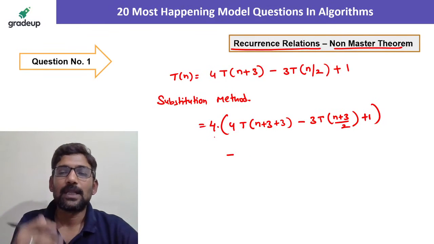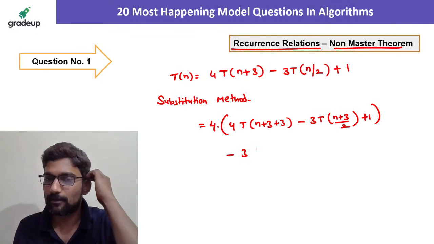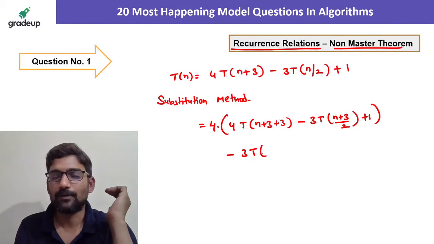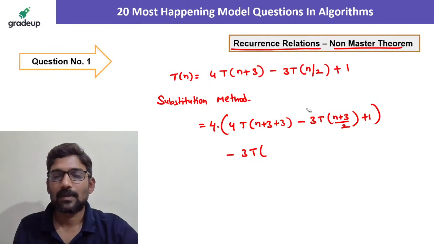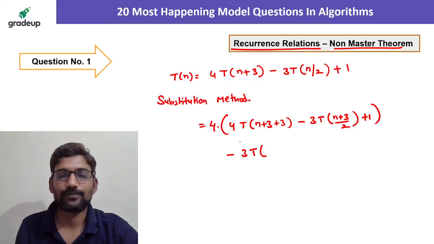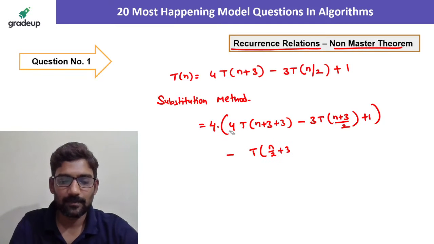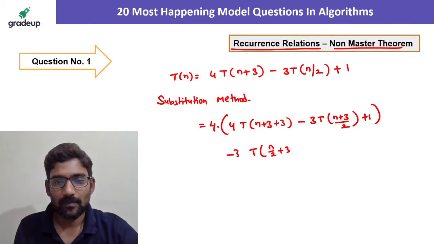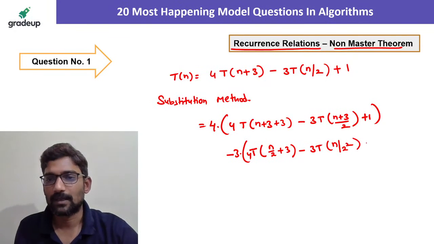Minus 3 into, when this is T(n), what would be T(n/2)? T(n/2) is 4T(n/2+3) - 3T(n/2/2) plus 1, that is T(n/2^2).